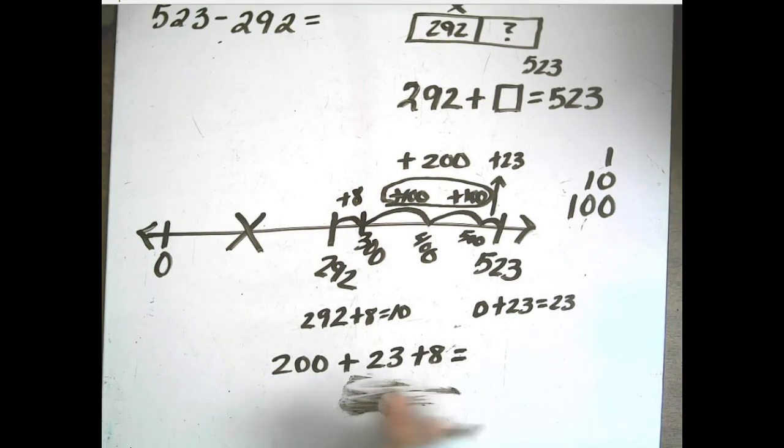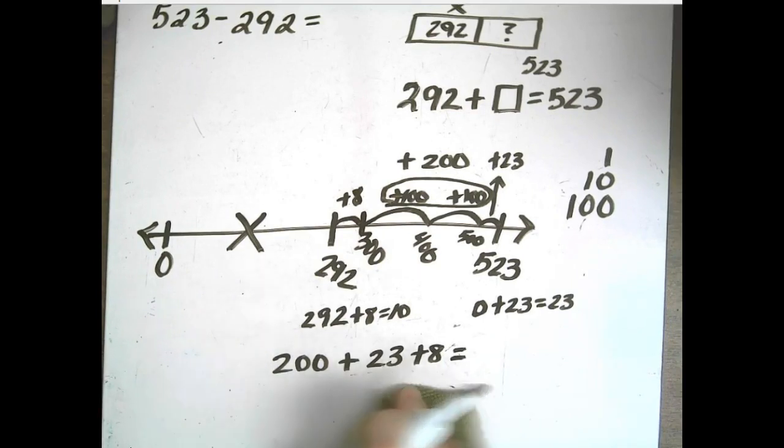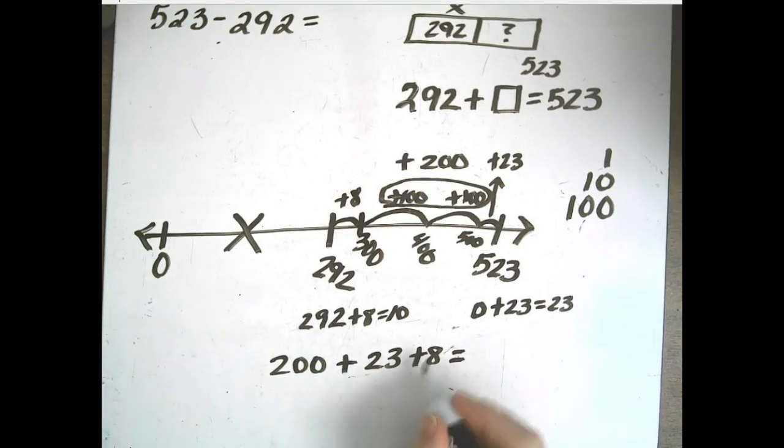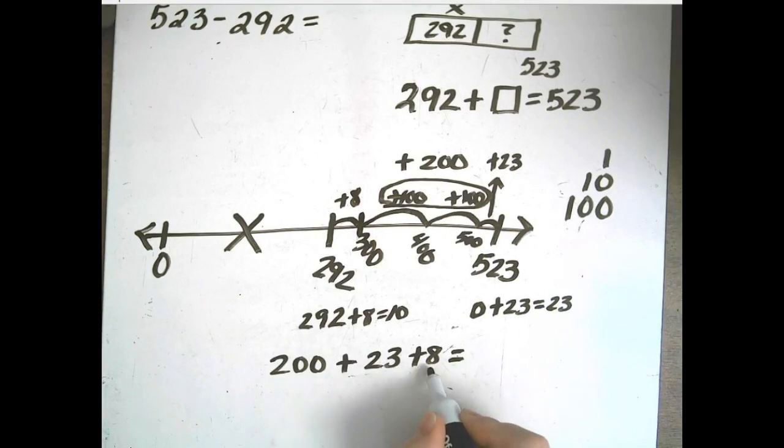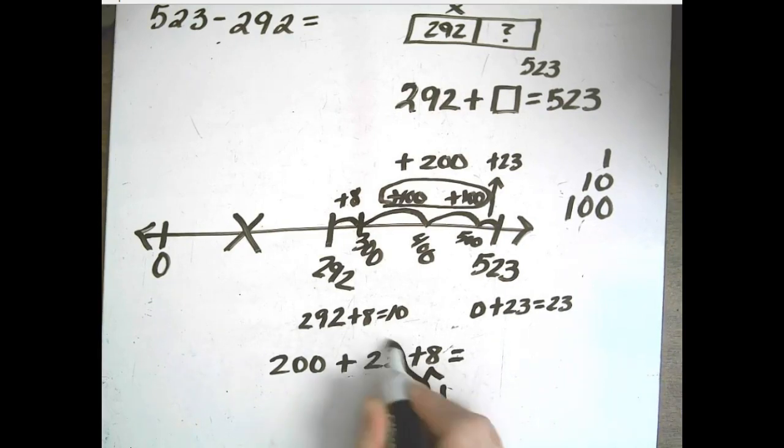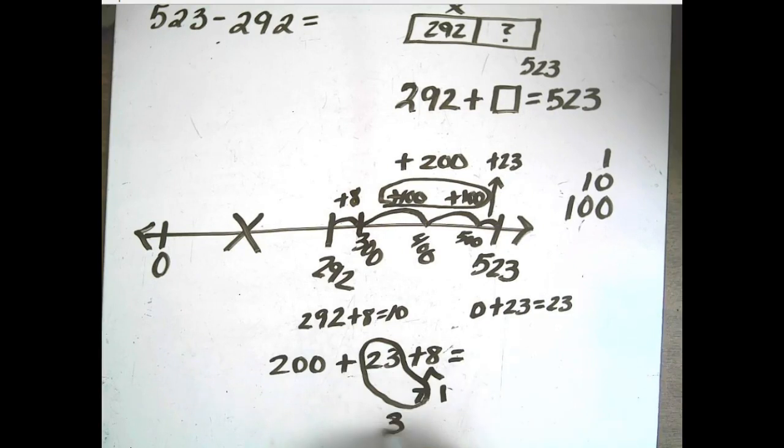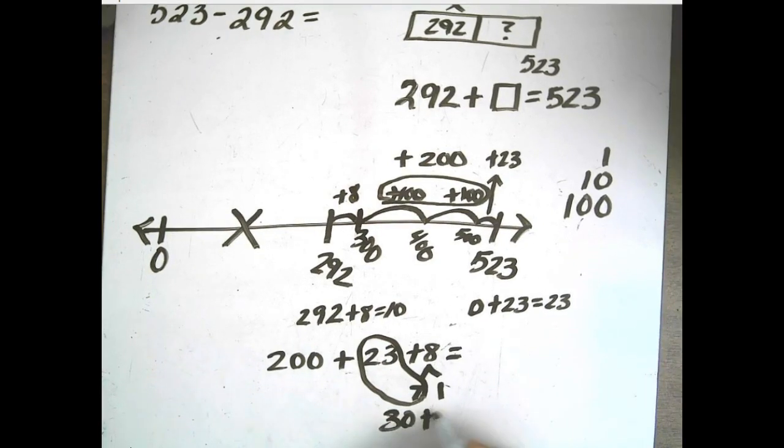You can choose what works best for you, or you can use your mental math strategies, knowing that 3 more to 7, to this part of 7, will get me to the next 10. Then I have 1 left over, so this 7 goes with this 23 to make 30. 1 more left over equals 31, but don't forget your 200.